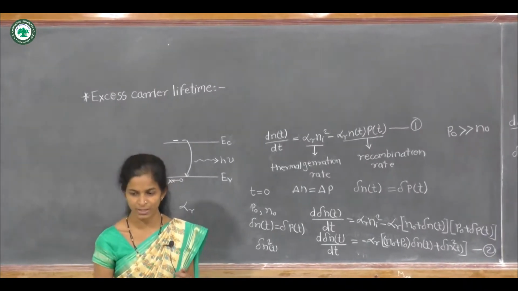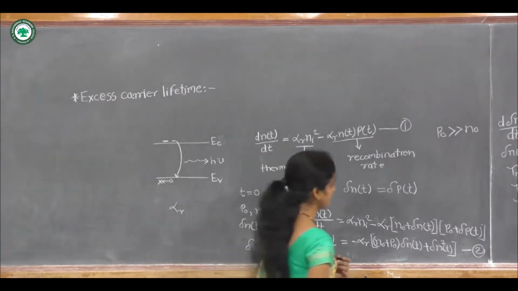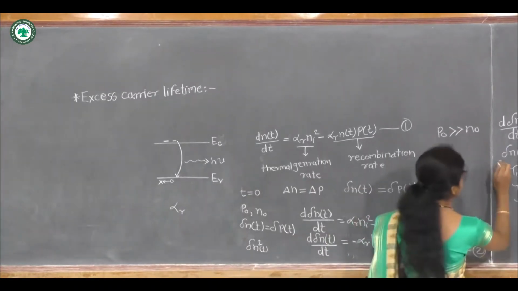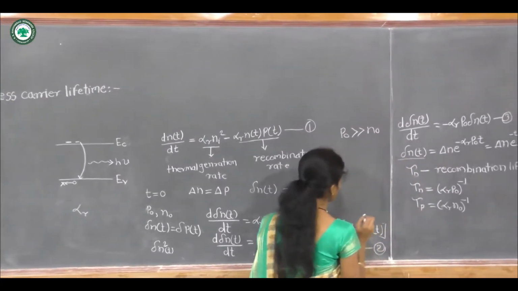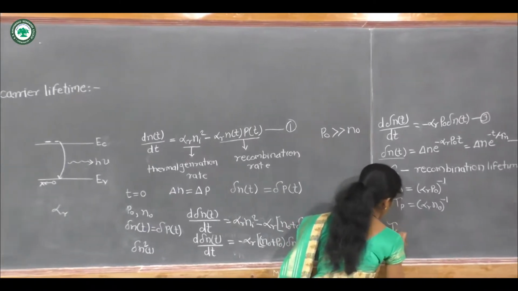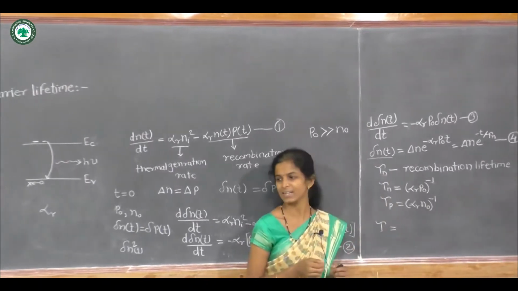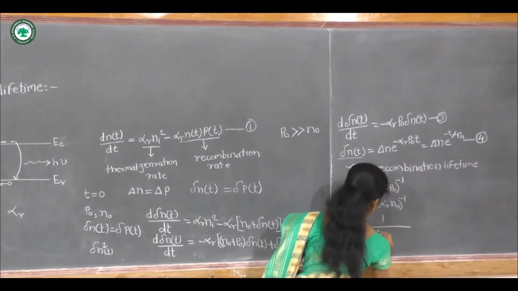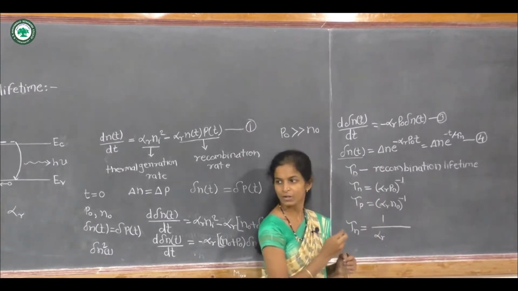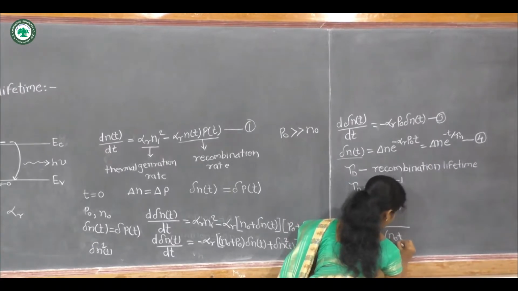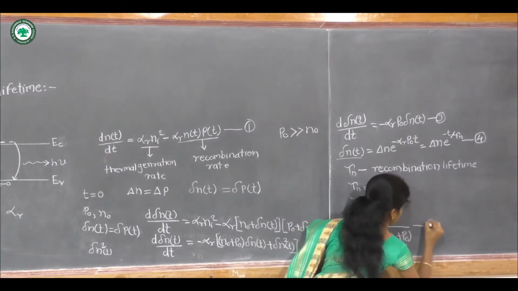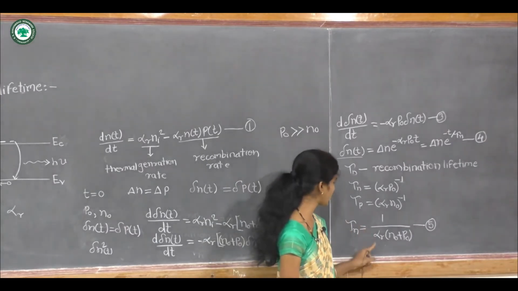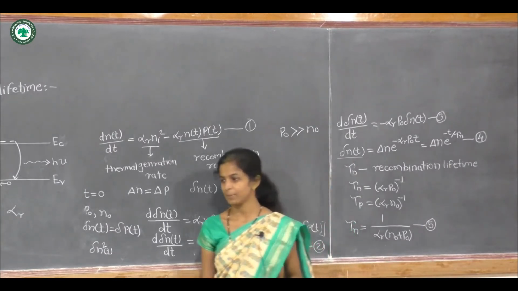So the approximation of extrinsic material and low level injection allows us to represent n(t) in equation number 1 by the excess carrier concentration delta n(t). So one may write in general the excess carrier lifetime, which is given by tau n equal to 1 upon alpha r into (n0 plus p0).